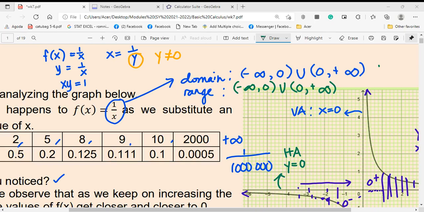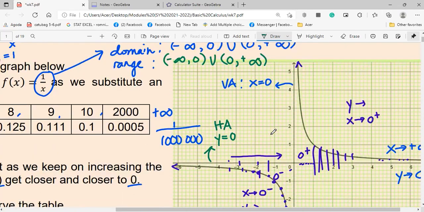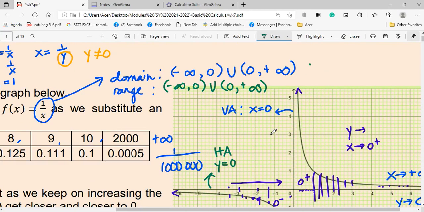Now, it's a new story. What I want you again is to recall the rational function kasi ang mangyayari dito, it will lead you to another limit rules. Okay? So ayan siya. Kapag babalikan natin yung infinite na yan, yung horizontal, vertical na yan, domain and range na yan ng rational function, magpapakita ang asymptotes.